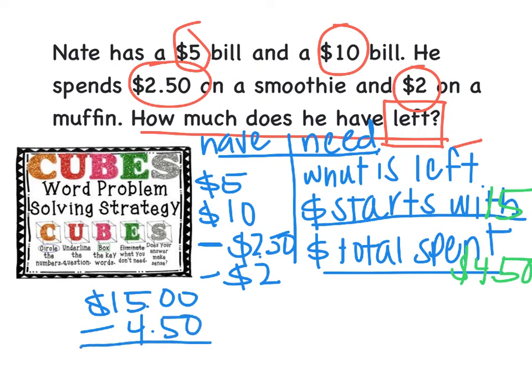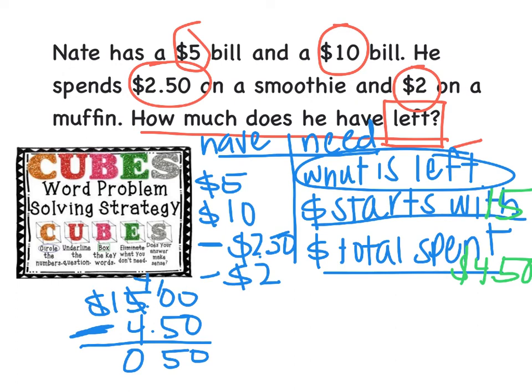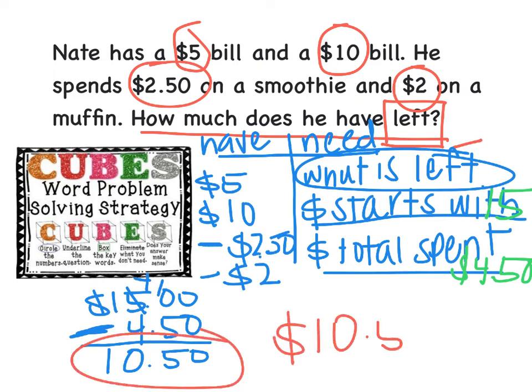When we're trying to figure out how much is left, I need to do my subtraction to figure out my final item here on this right-hand need column. 0 minus 0 is 0. I can't do 0 minus 5, but 10 minus 5 is 5. 4 minus 4 is 0. And 1 minus nothing is 1. I can bring down my decimal point, and now I have my final answer. He ends up with $10.50.